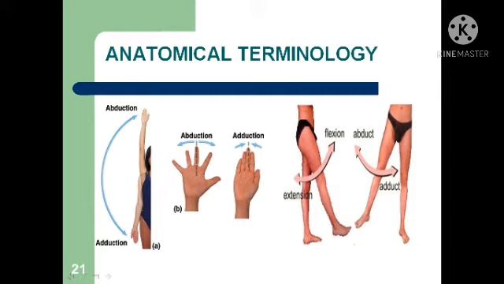This is called flexion, and if we open our elbow, that is called extension. Abduction, as is evident from the name, means to take away the upper or lower limb from the side of the body. Adduction is movement toward the body.